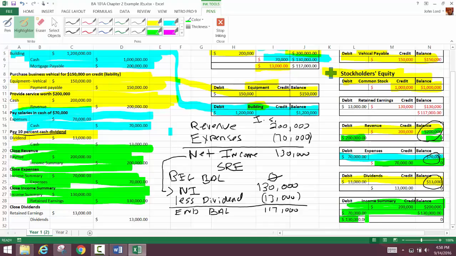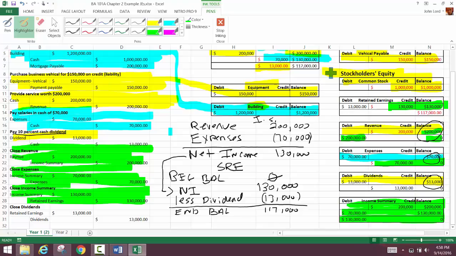When I debit income summary, is it zero where I want it to be? And my retained earnings now has what? I wish I would have written that 13,000 dividend one row lower, but just ignore that it's there and pretend it's one row lower. But when I credit retained earnings, right now it's got a balance of 130,000 in it, doesn't it?